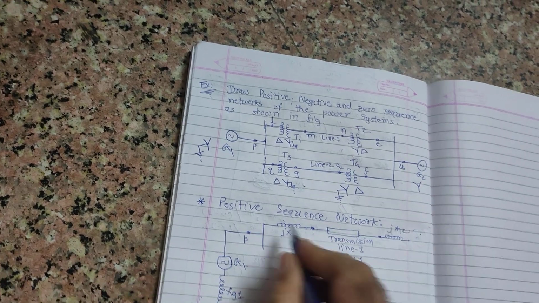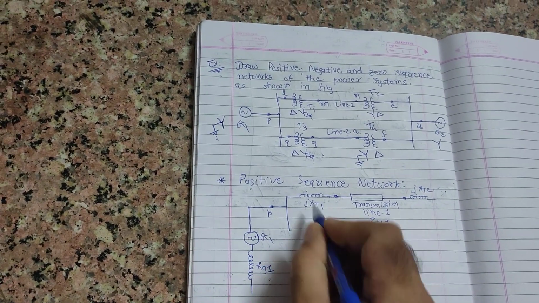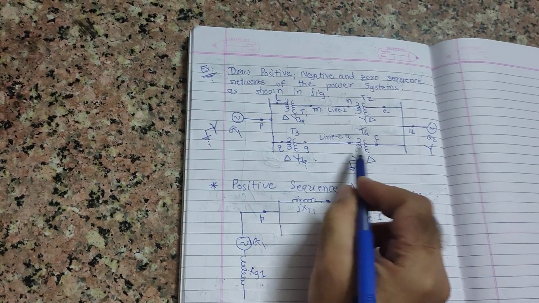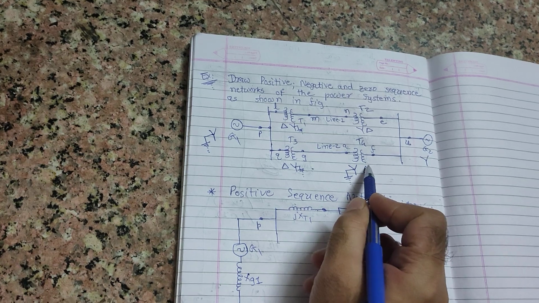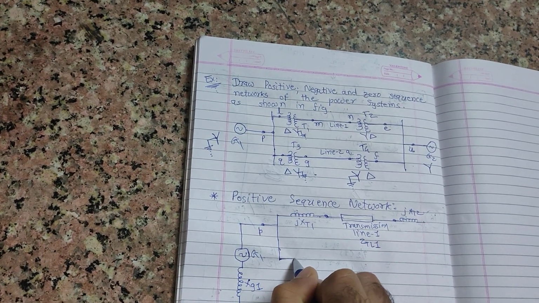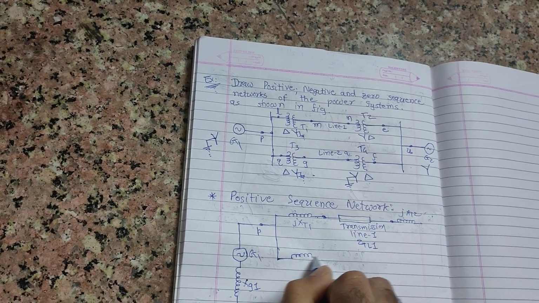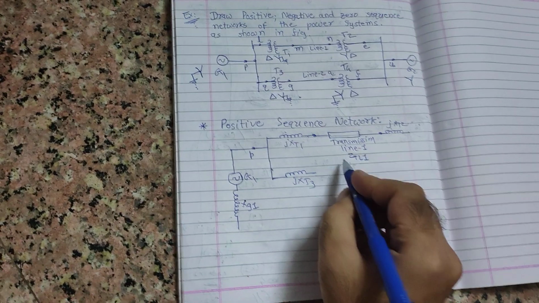Then on the parallel side, downside, we will see transformer T3, line 2 and T4. Its reactance is JXT3.